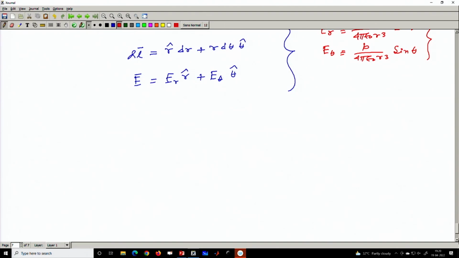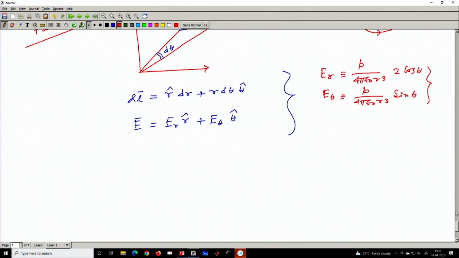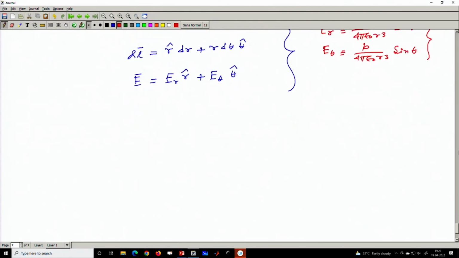Now, if I want to find the expression of these field lines, I need a relation, and the relation is that on the field line, the dl vector and the E vector are parallel, because that is why we calculate this on the field line.